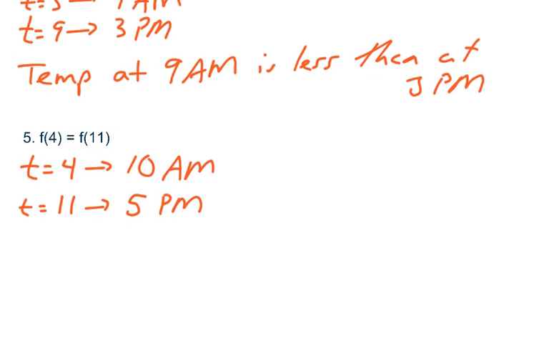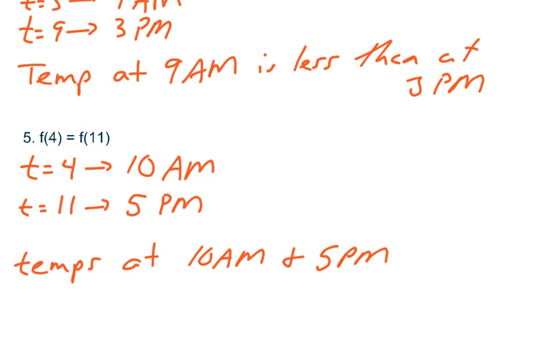So what this statement is saying is that the temperatures at 10 a.m. and 5 p.m. are the same. We don't know what the temperatures were, but we know that they were equal. That's all we can say about that equation.